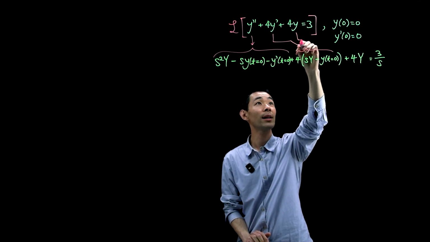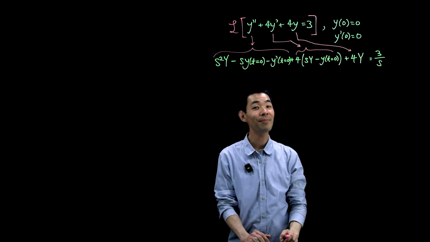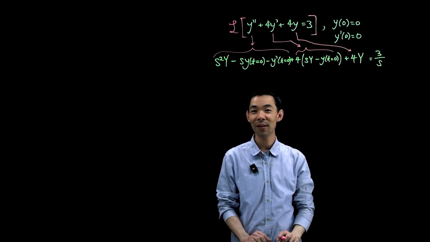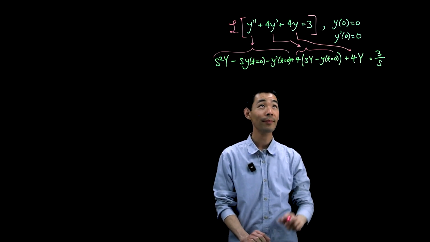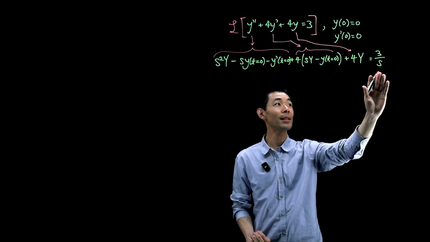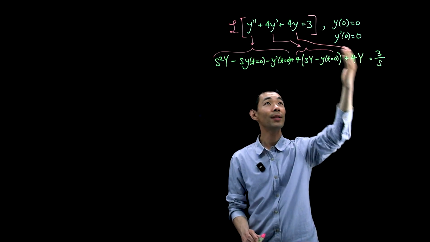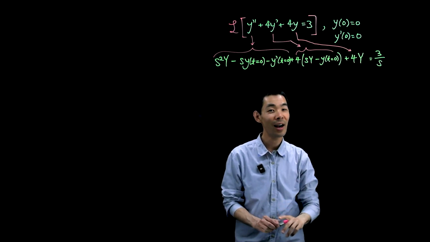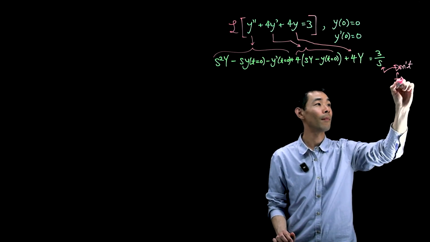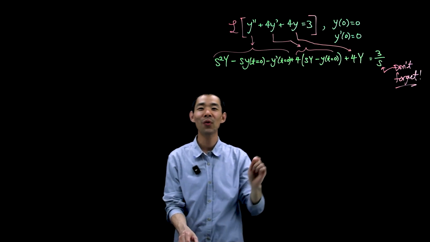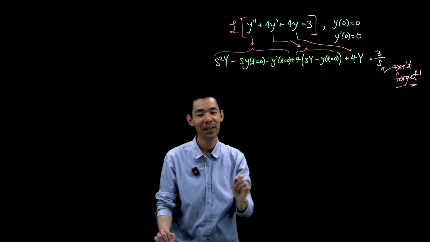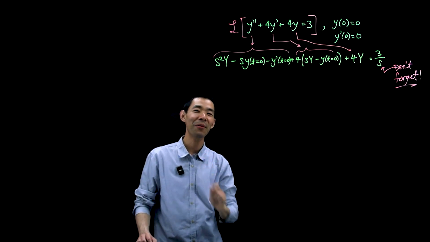This is just direct definition of the Laplace transform of the variable little y. And lastly, this right-hand side is just the constant 3 divided by s. Again, don't forget that factor of 1 over s for the constant. In the heat of an exam, oftentimes students forget that 1 over s.